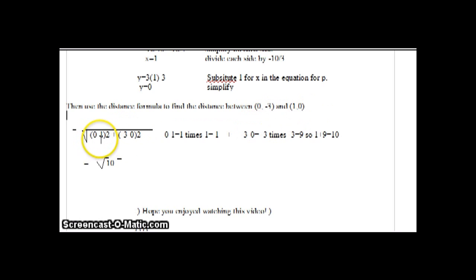So you get (0 minus 1) squared plus (negative 3 minus 0) squared. 0 minus 1 equals negative 1, and negative 1 squared is 1. Then negative 3 minus 0 is negative 3, and negative 3 squared is 9. In the end, you have 1 plus 9 equals 10. So your answer is the square root of 10.